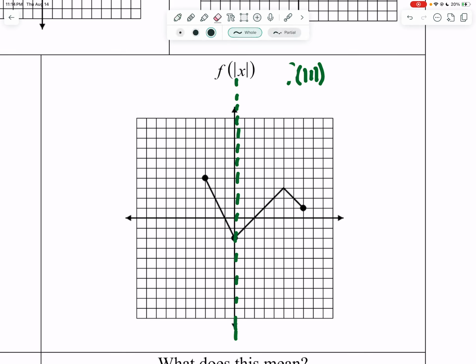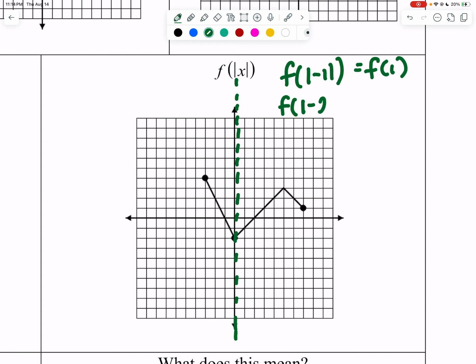But here's where things get a little bit wonky. If I have f of -1, and I use my absolute value, notice how f of -1 becomes f of 1. Or if I do f of -2, that becomes f of 2.